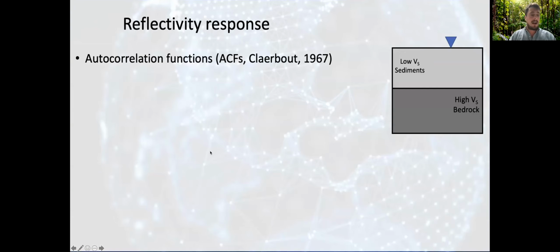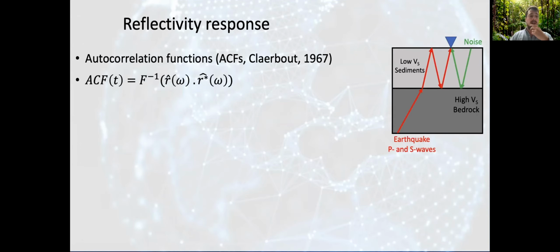So now I want to focus on another way to get information on this sedimentary layer using autocorrelation. Autocorrelation, it has been shown about 60 years ago, of both ambient noise or earthquakes, can be interpreted as the reflectivity response under one station.